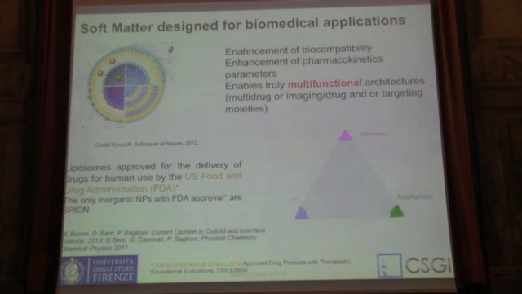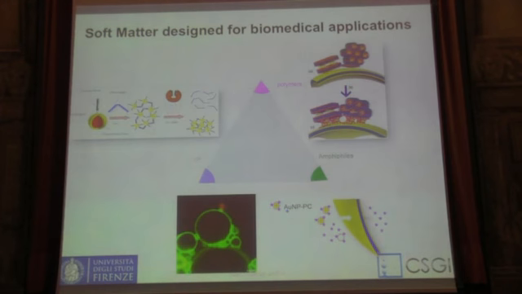Among these systems, I'll show you 3 examples. The first is nanoparticles with polymers, actually DNA or oligonucleotides. Then nanoparticles and liposomes, or liposomes and surfaces made of nanoparticles, which I'm not going to talk about.